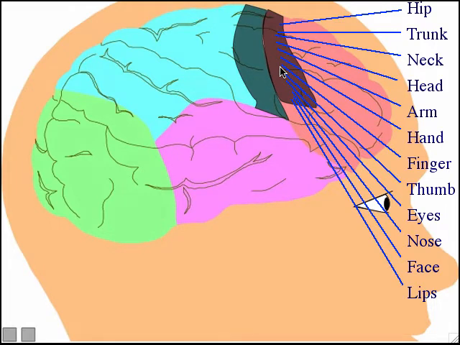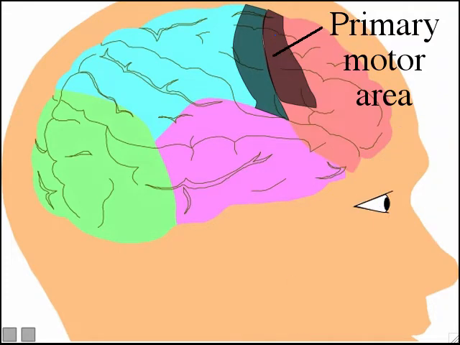And if you want to move your lips, then that region right there of the primary motor area is where the motor signals for moving your lip muscles get generated. Kind of interesting. Anyway, so the primary motor area generates the motor nerve signals to control all of your voluntary muscles.